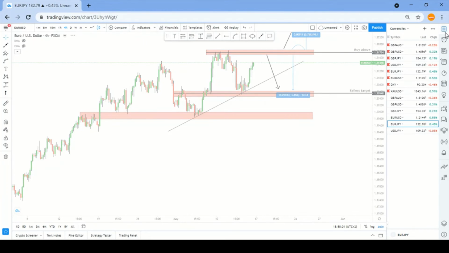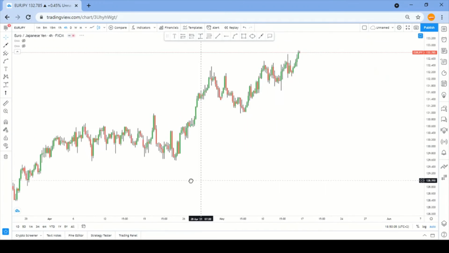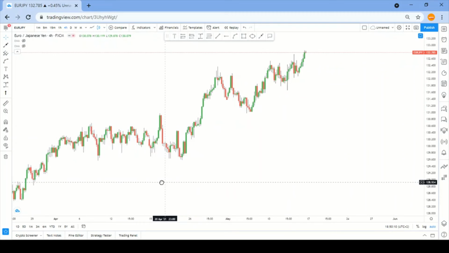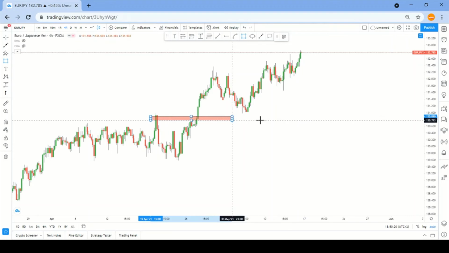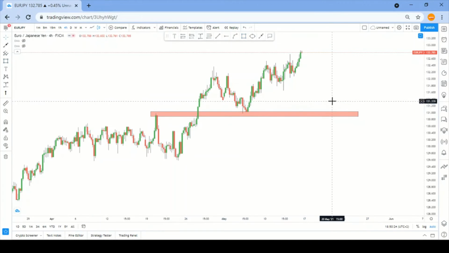Euro JPY. Let's see what we have here. So if I just refresh this chart now, the first thing I can see at this moment is, I'm going to move my crosshair until I find areas of support and resistance, right? I see one area over here. Alright, I see this area.